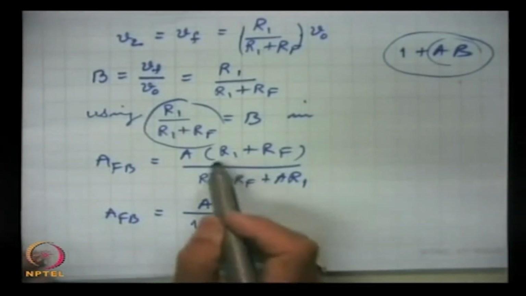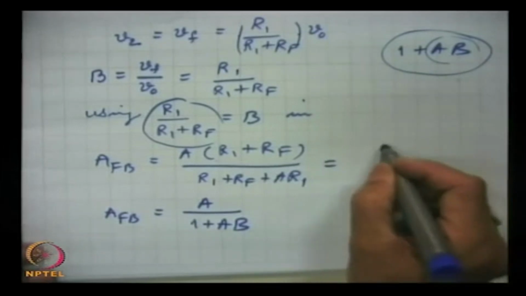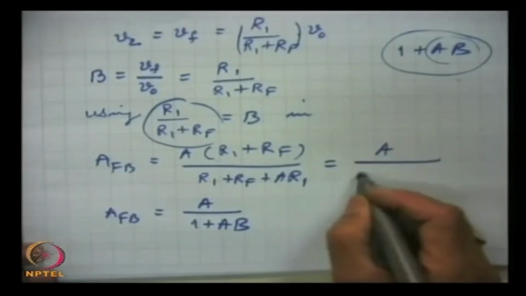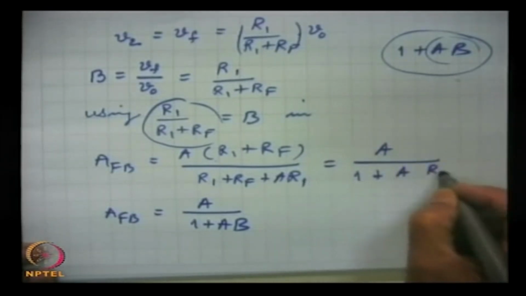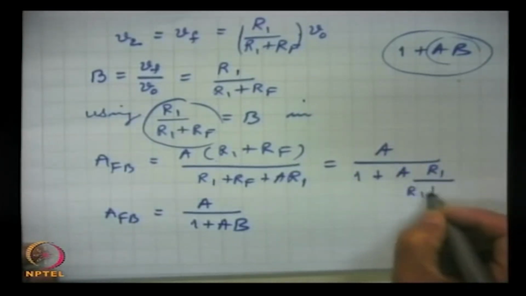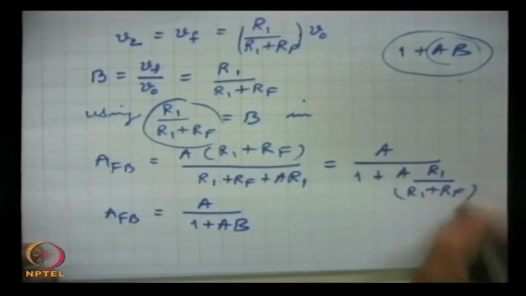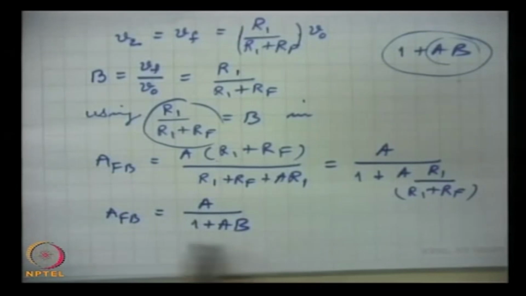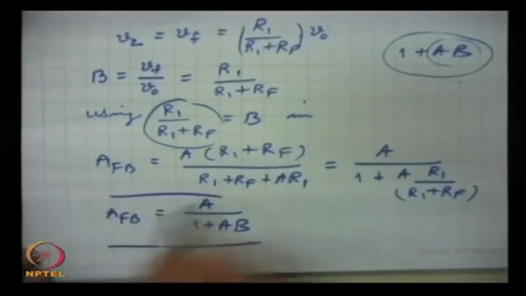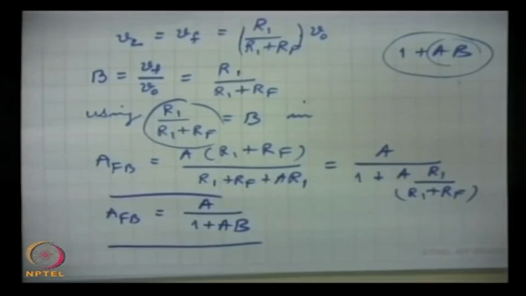We divide by RF actually, so this is A by 1 plus A R1 plus Rf, which is B, so this is the expression for a voltage amplifier with the negative feedback.